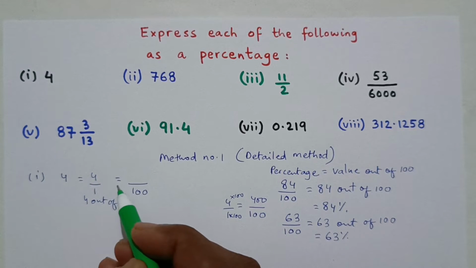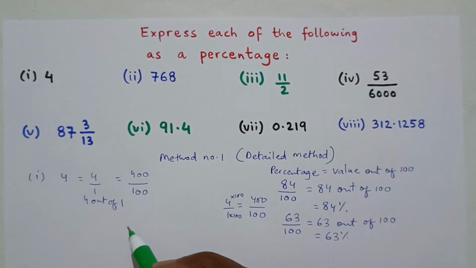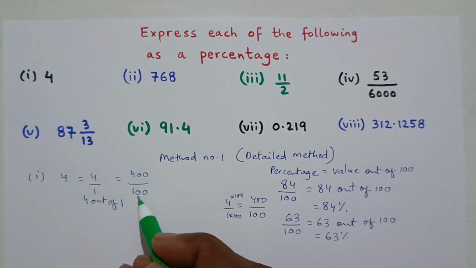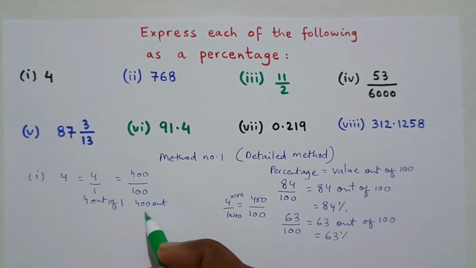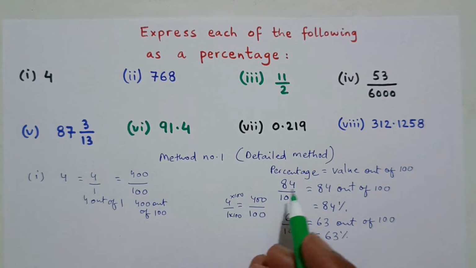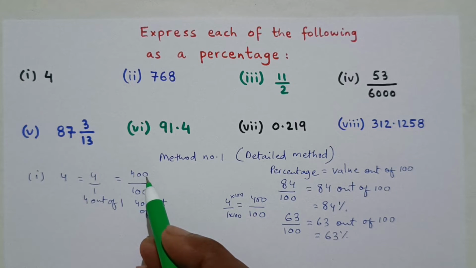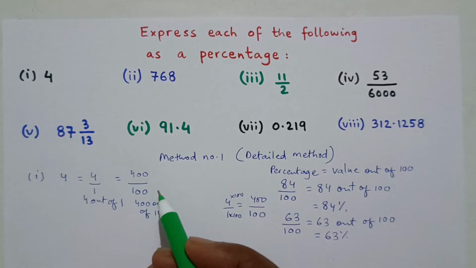400 by 100 means 400 out of 100. And 400 out of 100 means value out of 100. So the value out of 100 is 400.